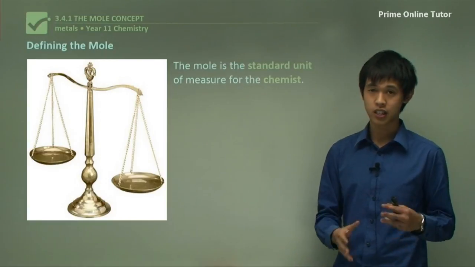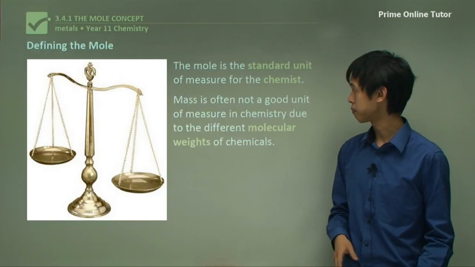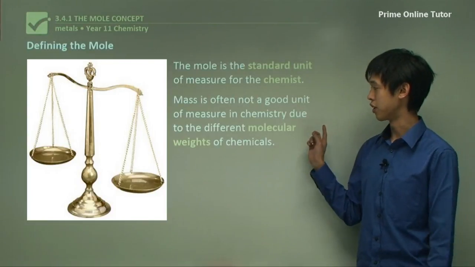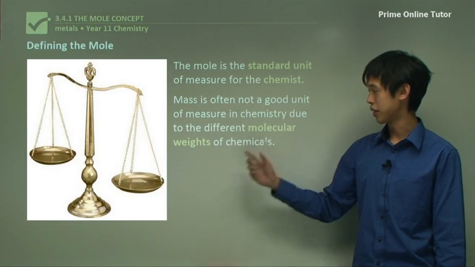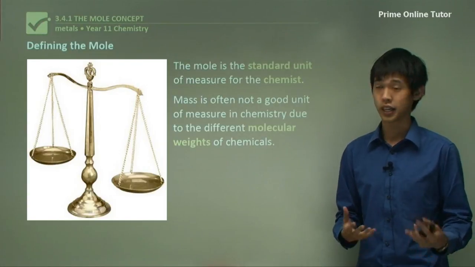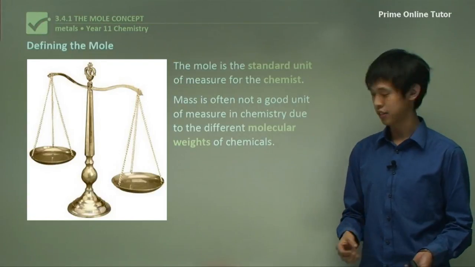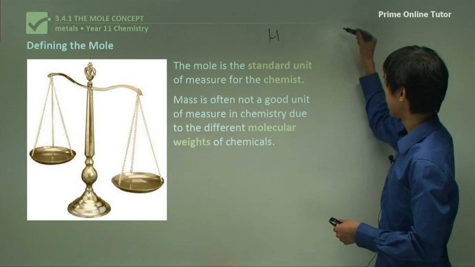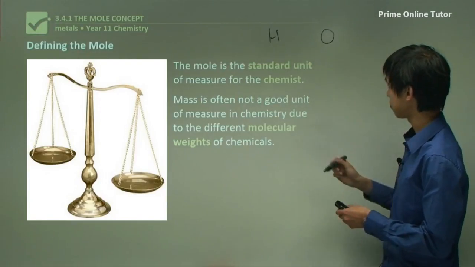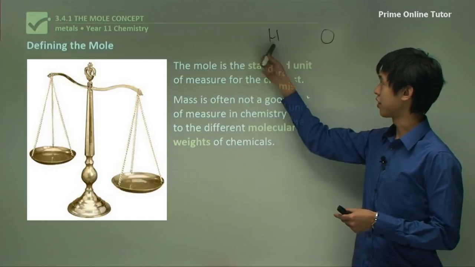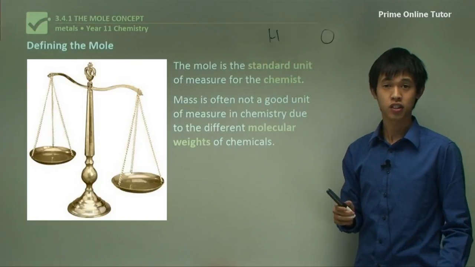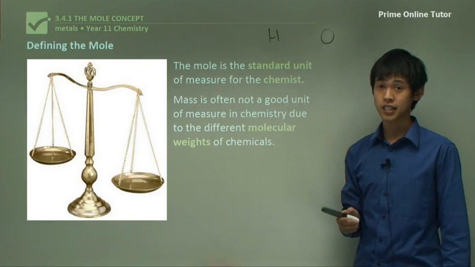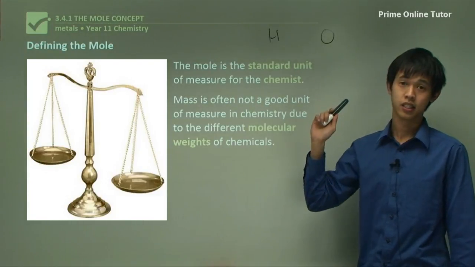So we don't tend to use mass very frequently. And the reason why we don't use mass is because it's often not a good unit of measure in chemistry, because different chemicals have different molecular weights. For instance, if you were to look at hydrogen as opposed to oxygen, this thing only has one proton if you look at its atomic mass in the periodic table, whereas this thing has 8 protons and 8 neutrons.